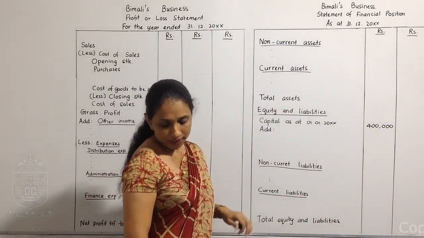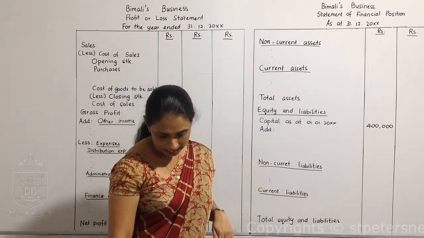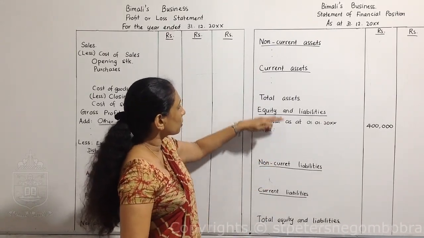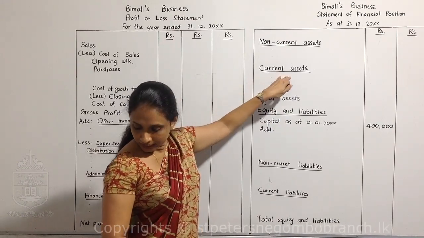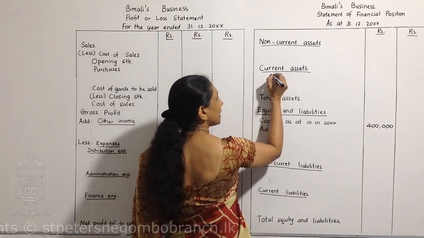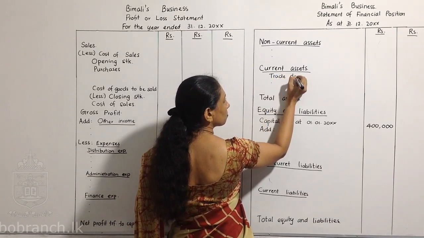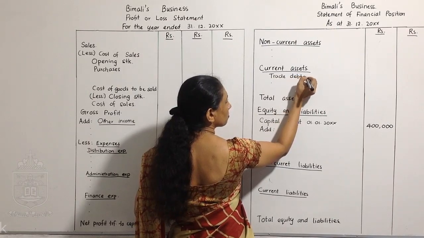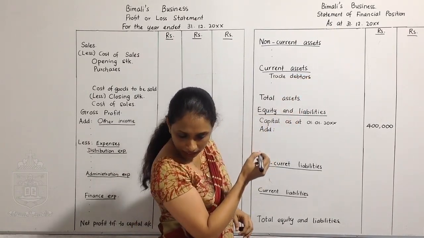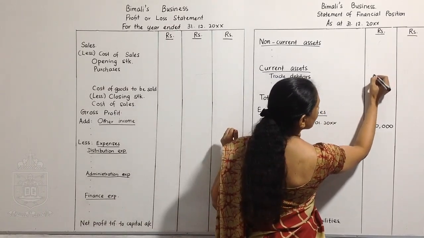Then we have the trade debtors. Trade debtors will be a current asset. So let's go to the current asset section. In that we say it's trade debtors. And we'll put the figure, it's 34,000 in the first column.